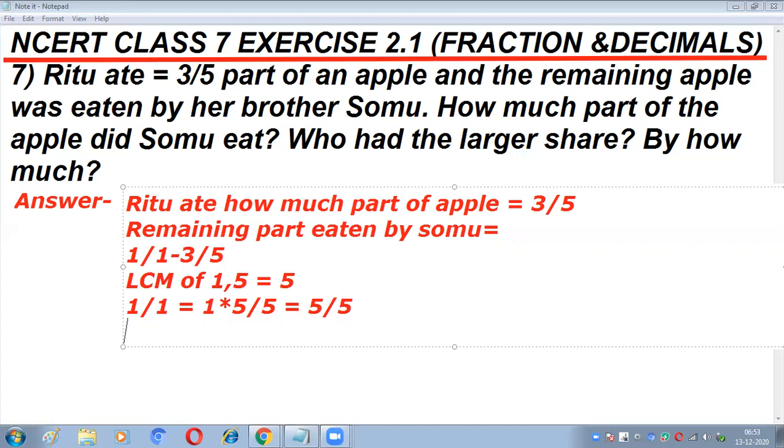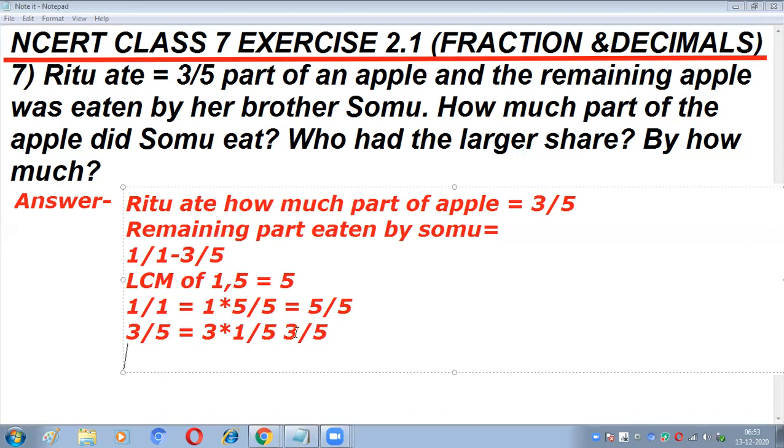So now 3 by 5 is equal to how much by 5? So 5 divided by 5 is 1, so 3 multiplied by 1 is 3 by 5.